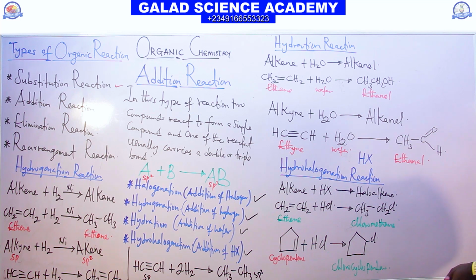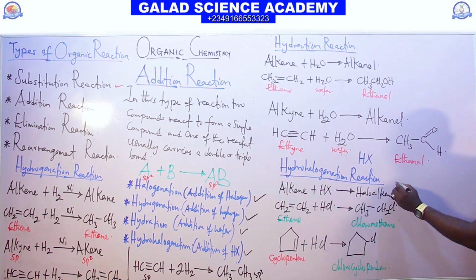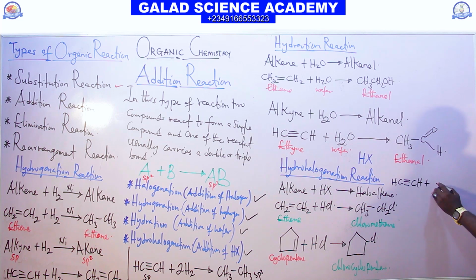Let me add a third example, to an alkyne. Assume we have CH triple bond CH plus hydrogen bromide. What will be the product formed? The hydrogen will come to this side, and the bromine to this side.